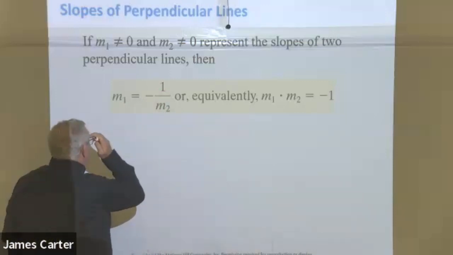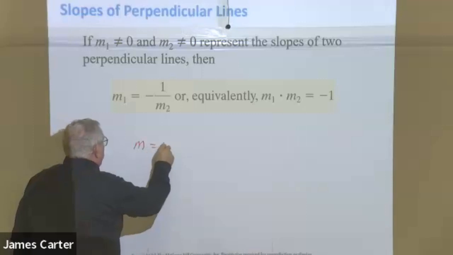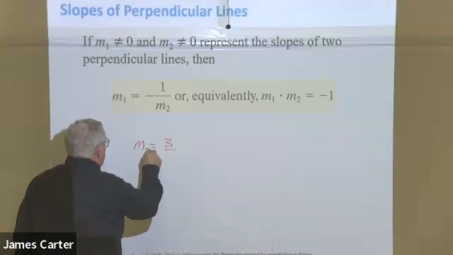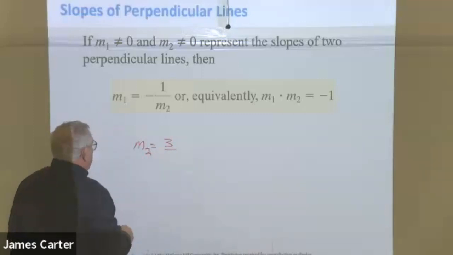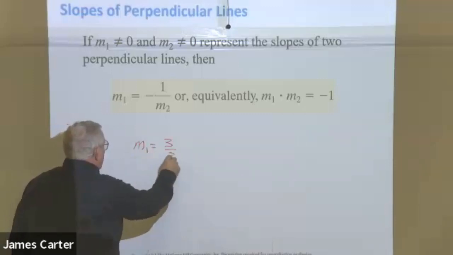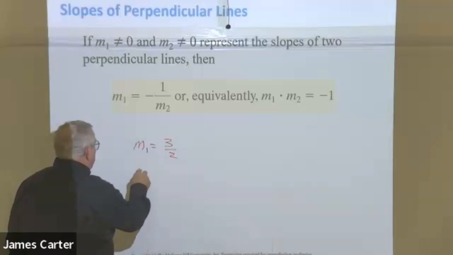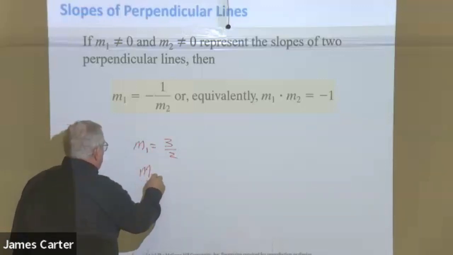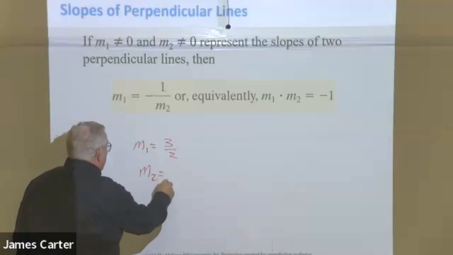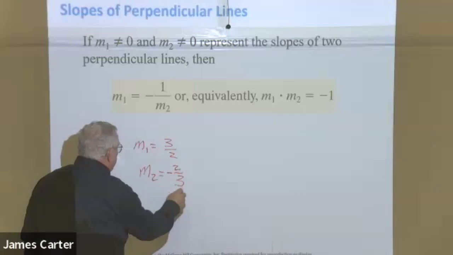Let me show it in this way. Okay. If I had a slope of 3/2 for my first line. If I wanted to have a perpendicular line to that, then the slope of the second line would have to be -2/3.